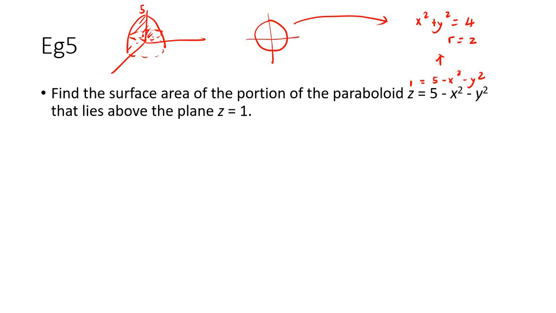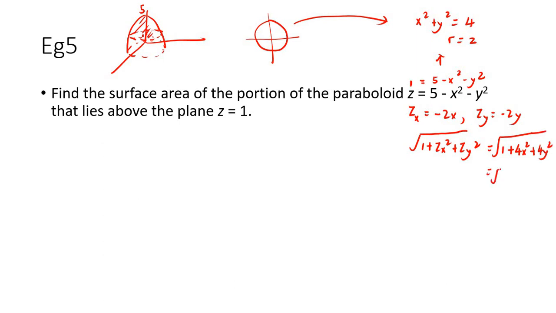Okay, and just now, as we said, zx is negative 2x, zy is negative 2y. So when you have 1 plus zx squared plus zy squared, again you get the same thing, which is 1 plus 4x squared plus 4y squared, so equal to 1 plus 4r squared.